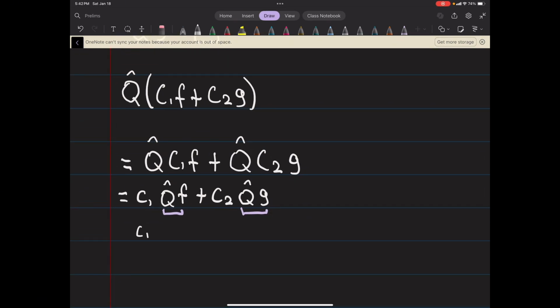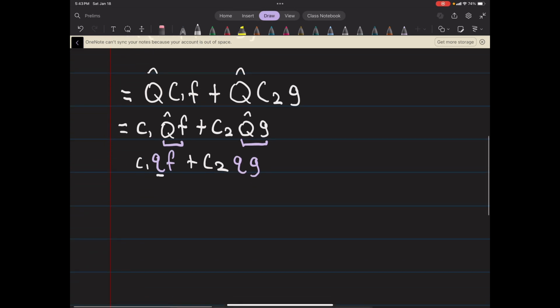So we have c1 q f plus c2 q g. Okay, well, we can factor out this common q because they both have this q term, and you're left with c1 f plus c2 g.